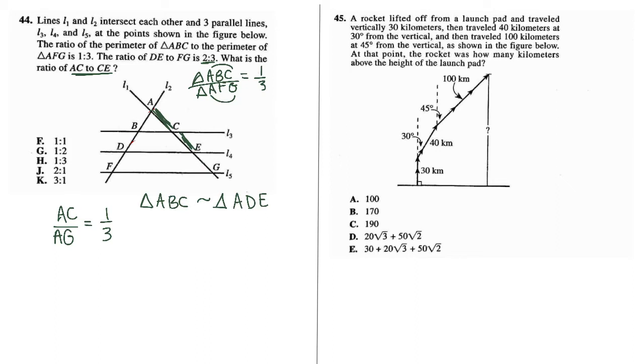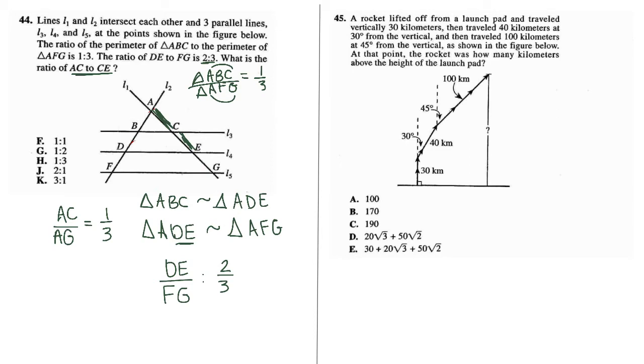We also have this other triangle we said was ADE, and that is going to be similar to triangle AFG, the big triangle. So DE to FG, and that's what we're told is 2 to 3. So we've got the ratio 2 to 3.